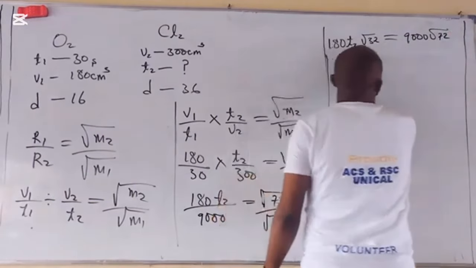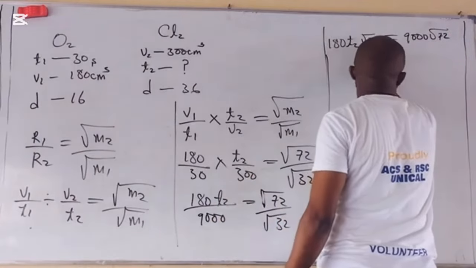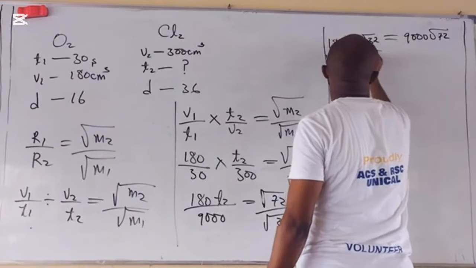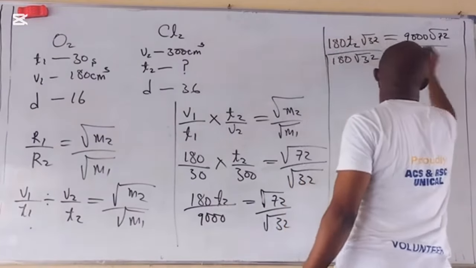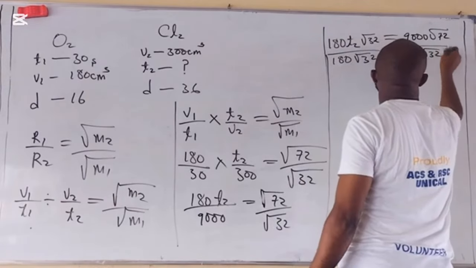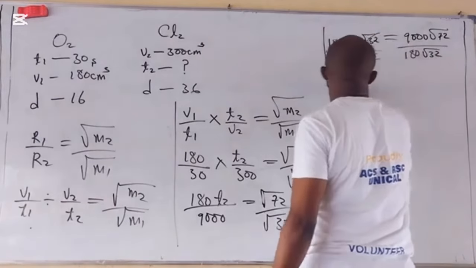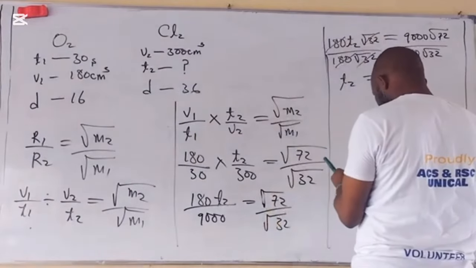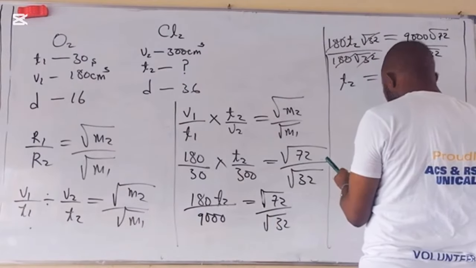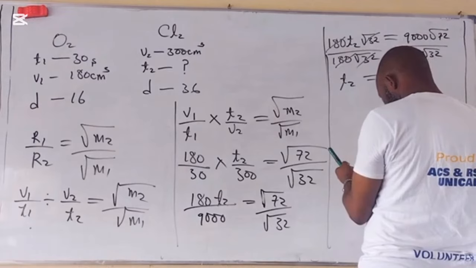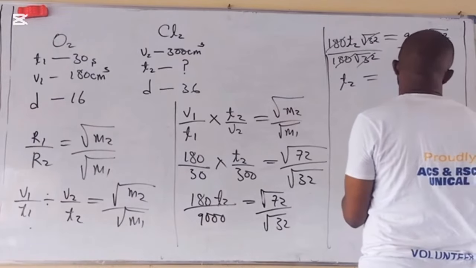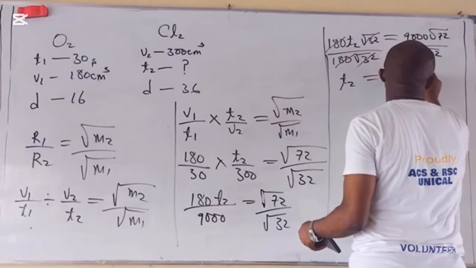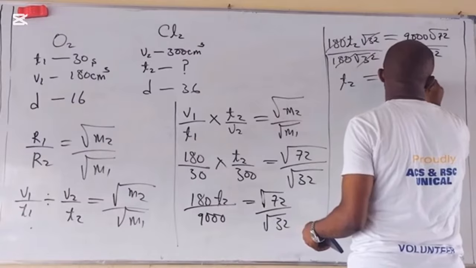I am dividing both sides by 180 root 32, so I'm left with T2 equal to this. Now 9,000 divided by 180 is 50. So now this is 50 root 72 over root 32.